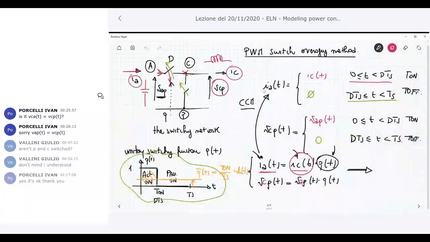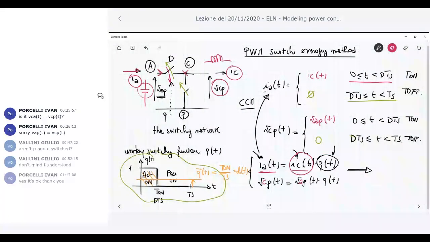VAP here is the voltage typically across a capacitor, and so you have smooth voltage drops, something which is very quiet, okay? It is not something that jumps up and down.